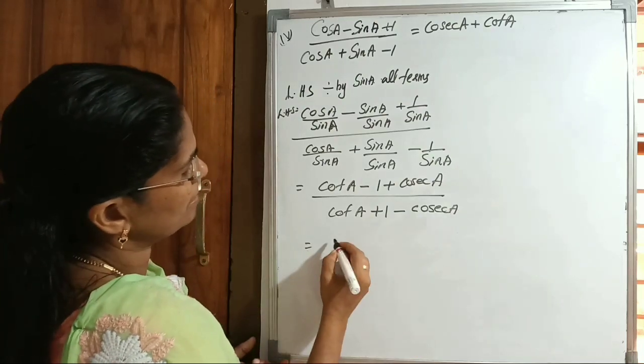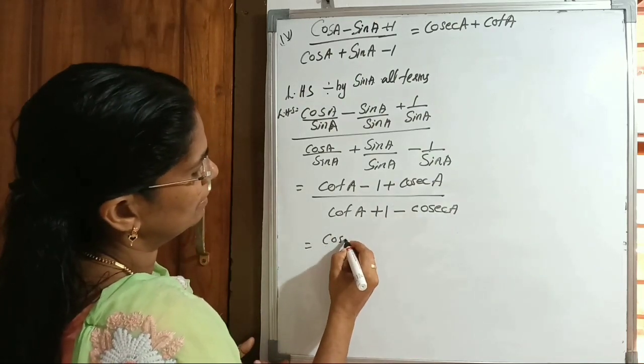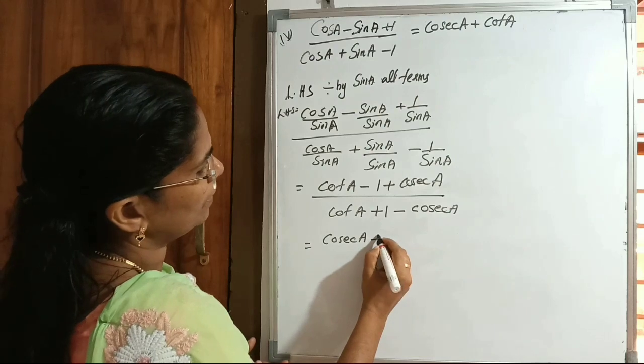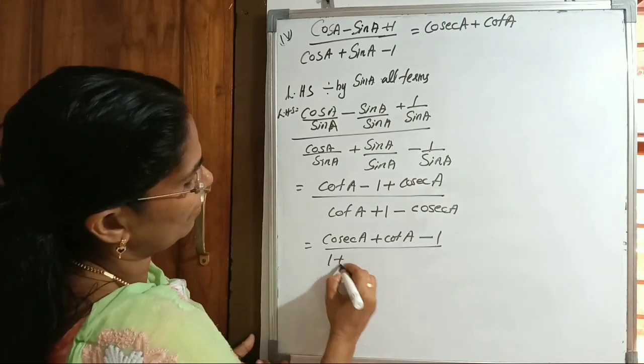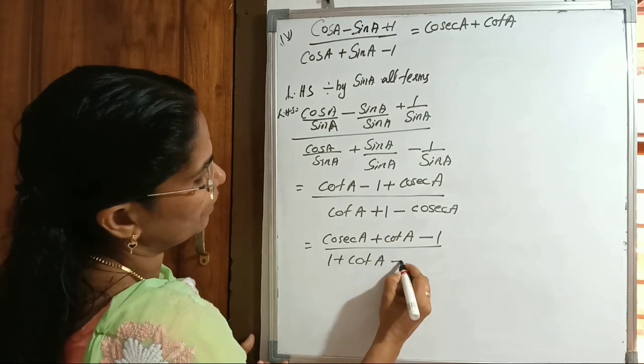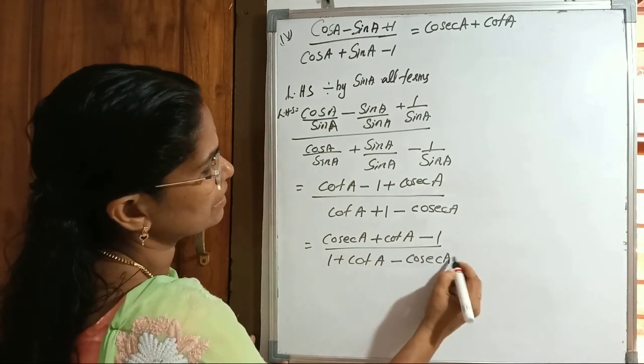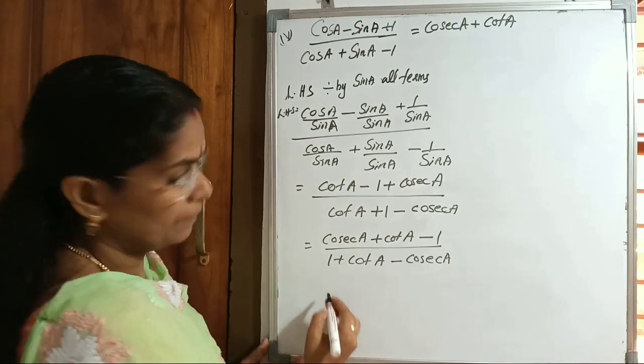Or we can rearrange and write it as cosec A plus cot A minus 1 divided by 1 plus cot A minus cosec A. Just we rearrange.